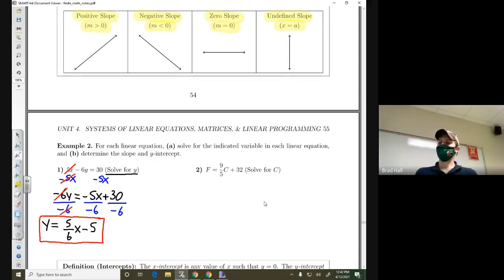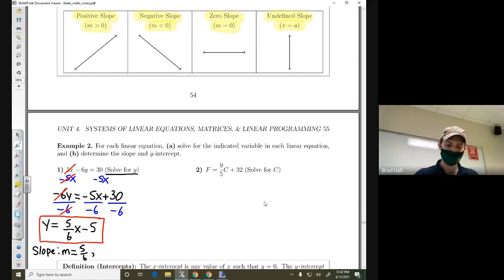And that's very helpful because for part B, they want the slope, which we can identify very quickly. It's just the number in front of the x. So that'd be 5/6.